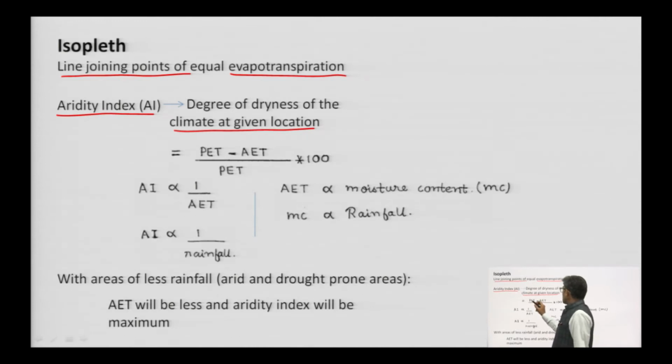With this one: PET minus AET divided by PET into 100. Okay. Therefore, the RDT index has a reciprocal relation with AET, because it is 1 minus AET by PET.